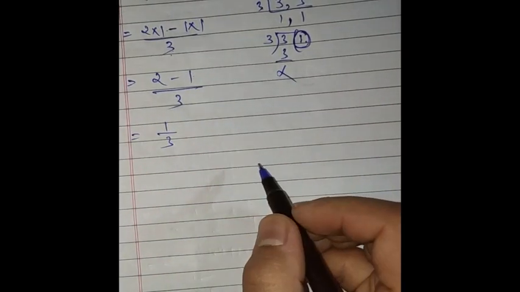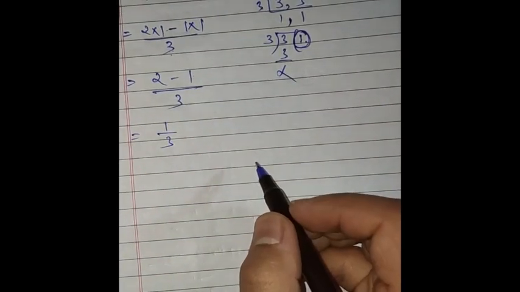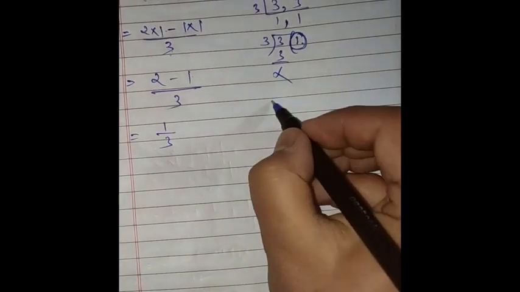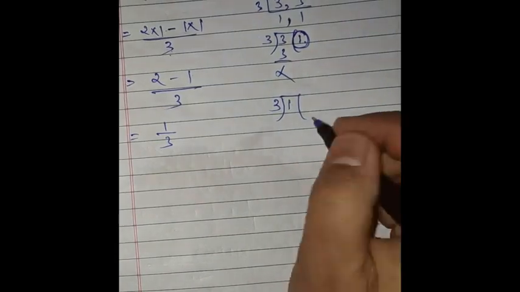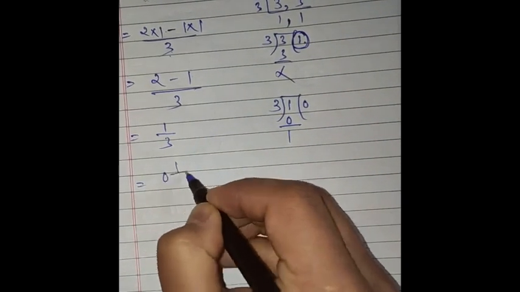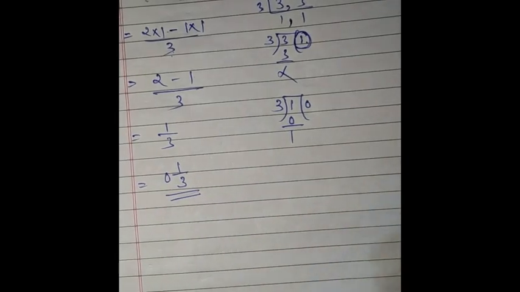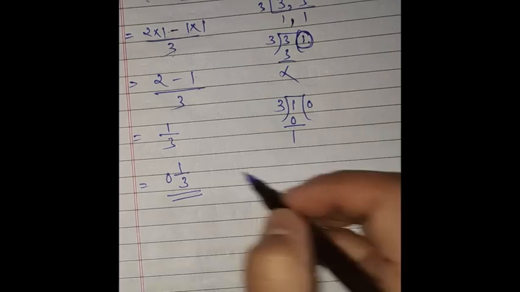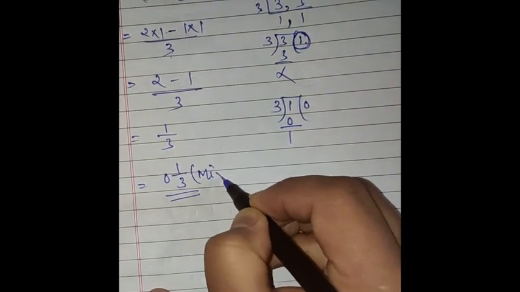If they ask you to classify this as a mixed fraction, then what we will do? 1 3 zeros are 0, 1, then 0 whole 1 by 3. This is only the condition. Yes, if they have asked you to classify, this is our mixed fraction.